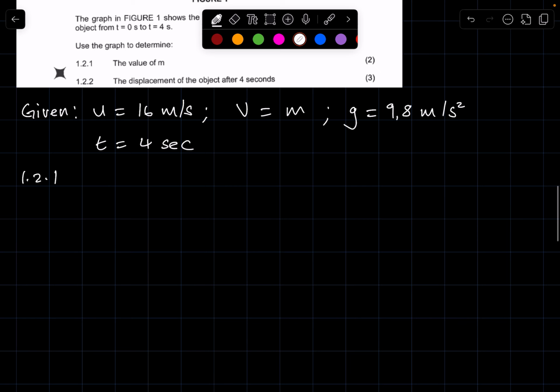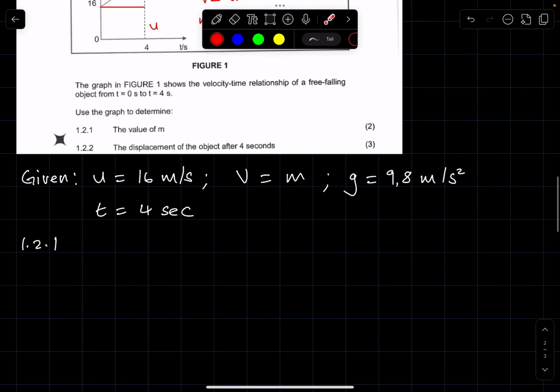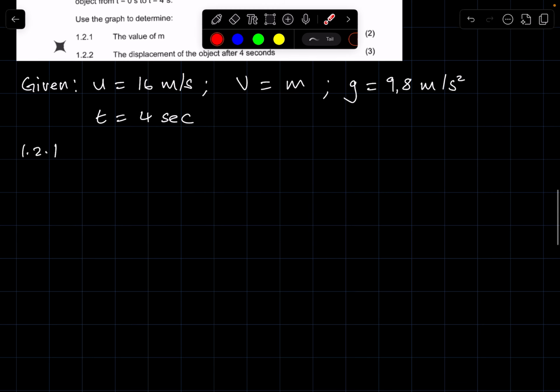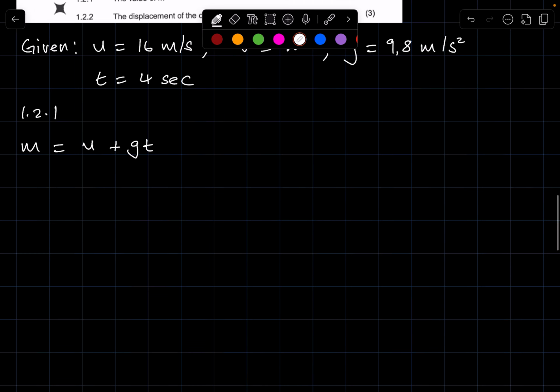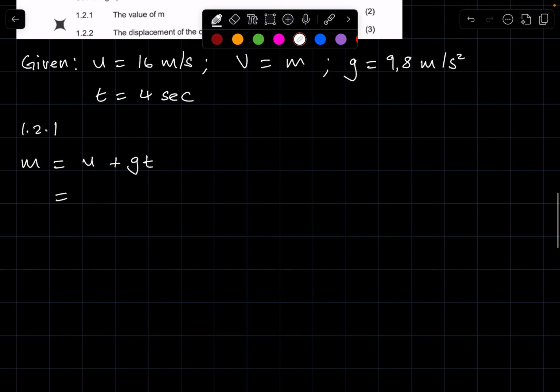Now let's look at 1.2.1. Determine the value of m. At this point, you've already established that v is equal to m, and we know that m is equal to u plus gt. So now you simply say m is equal to u plus gt. What is the value of u we are given?